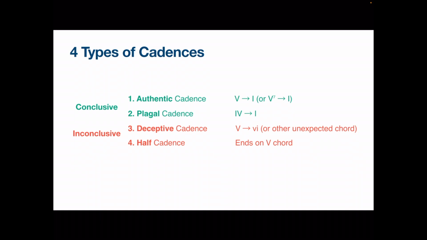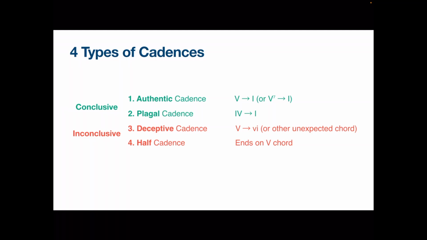So there are 4 types of cadences. We have the authentic and plagal, and then deceptive and half. So pay attention to the color coding here. Authentic and plagal are what's called conclusive cadences, which means they do come to an end, right? 5 coming to a 1, or 4 coming to a 1.